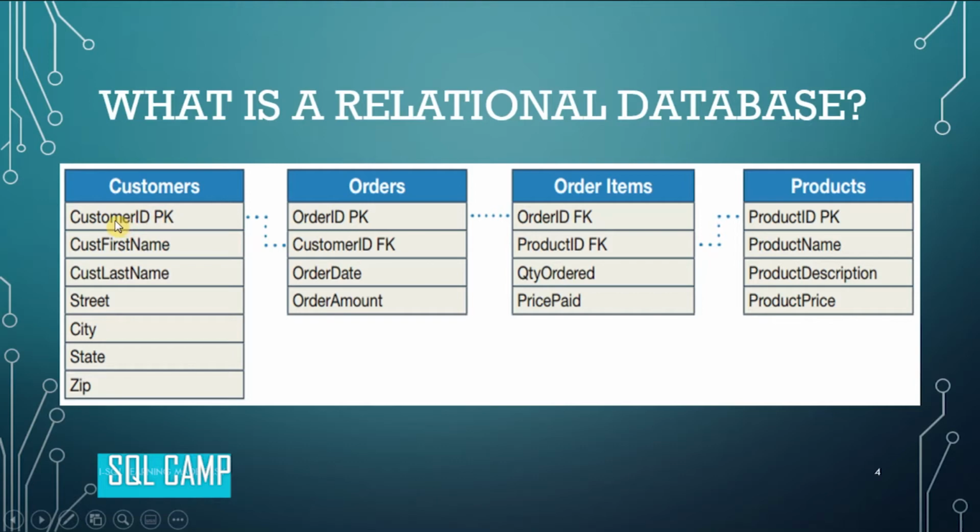As you can see here, the customers table has multiple columns in it: customer ID, primary key, customer first name, customer last name, the street, city, state, and zip code. The orders table has order ID with the primary key on it, customer ID with foreign key on it. We will go over primary key and foreign key later on in different videos. Then we have an order date and order amount.